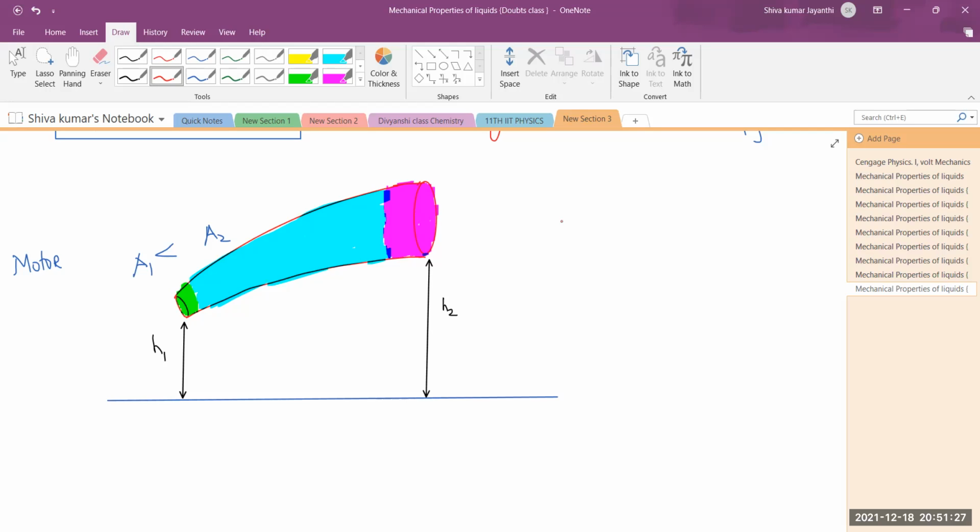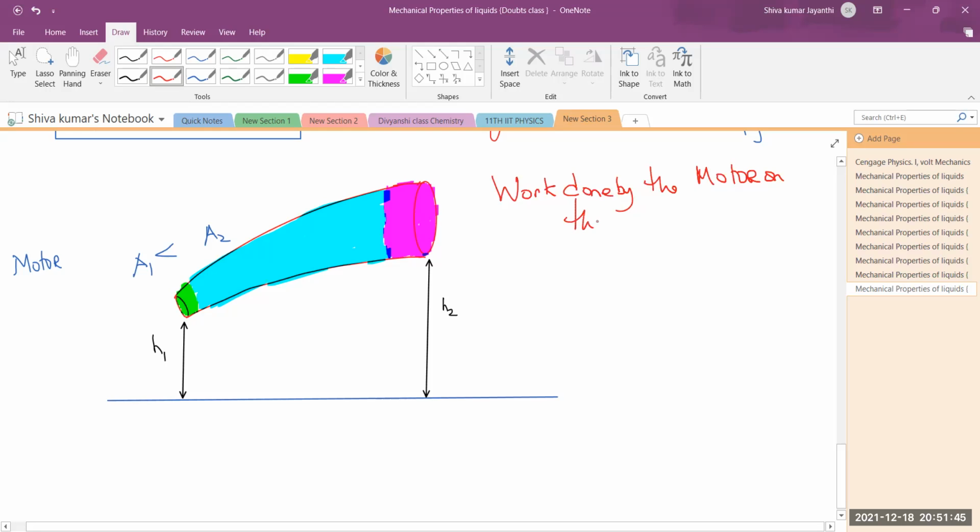Work done by the motor on the fluid, in our case, is positive.